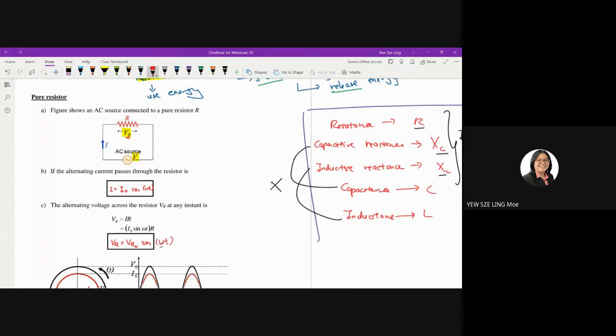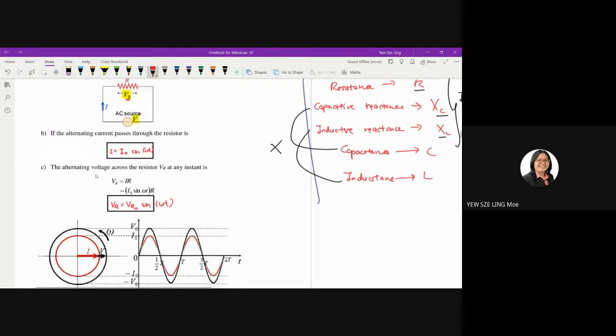That is what you have to take note of. This equation for V is actually for what happens across the resistor, not the whole circuit. So the AC voltage across the resistor at any instant is VR equals VR naught sine omega t.